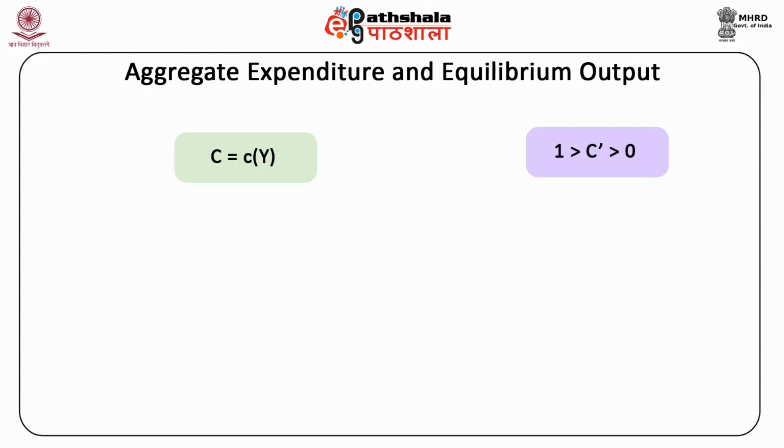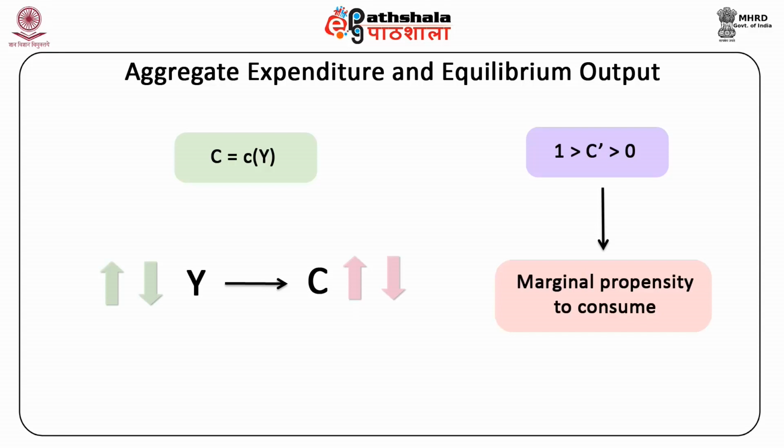That is, consumption expenditure is a function of income, and an increase in income results in a similar but smaller increase in consumption expenditure, where C' is the derivative dC/dY and is called the marginal propensity to consume, that is MPC.